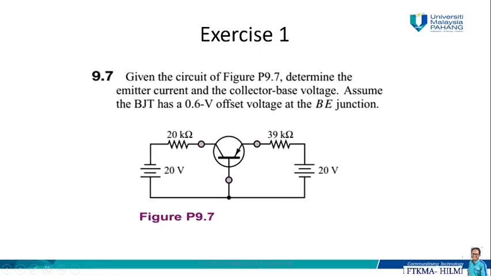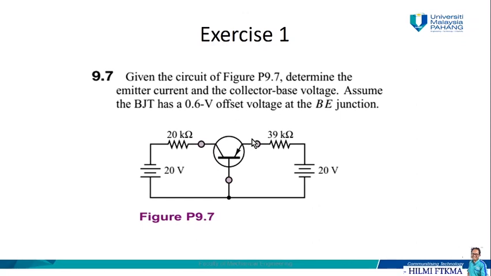So I end this video with two exercises. So please answer this exercise and submit through the assignment pod available in Kalam, okay, according to your section. So the first exercise, we have a figure with a PNP transistor. Okay, PNP transistor. Determine the emitter current.